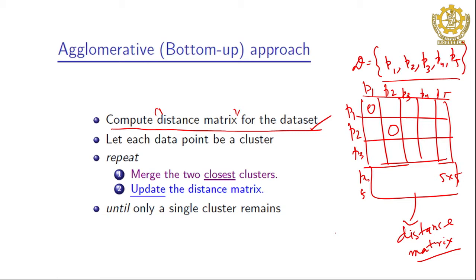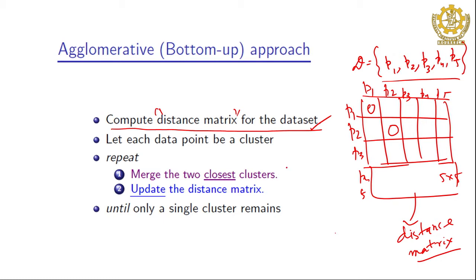So, the first step is done: compute the distance matrix for the data set. Now, let each data point be a cluster, because we are considering the agglomerative approach. Each data point is considered a singleton cluster. If there are n points in the data, then at the first step you will have n clusters.